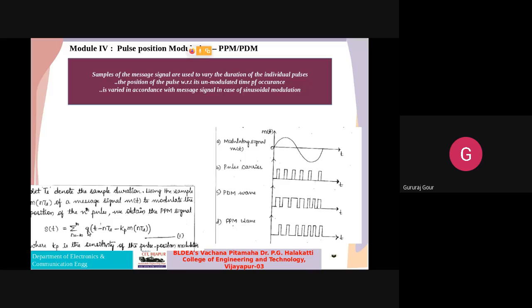So this equation you have to describe when you want to define and explain this PPM or PDM. So, that's all about the TDM and PPM or PDM.